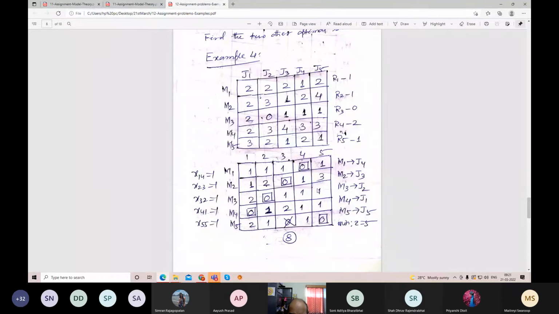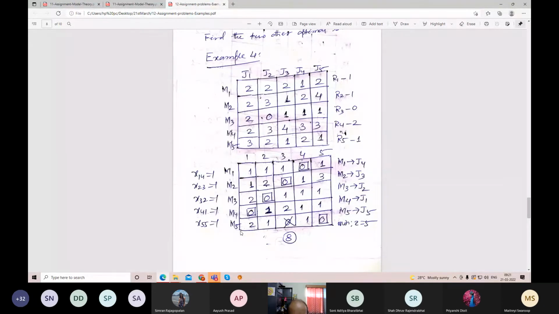Once you assign, for the first row, our assignment is machine 1 to job 4. For the second row, machine 2 to job 3. For the third row, machine 3 to job 2. For the fourth row, machine 4 to job 1.